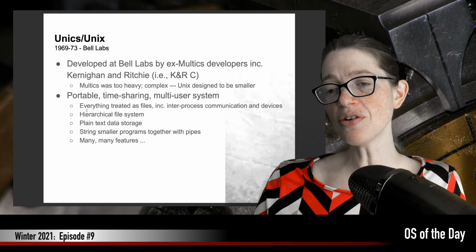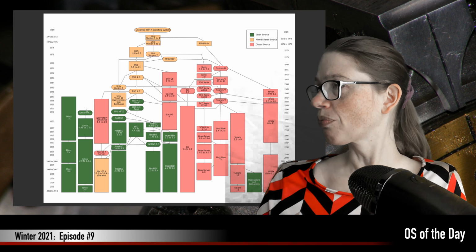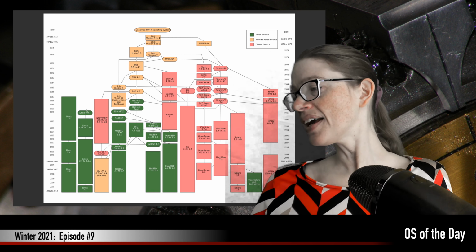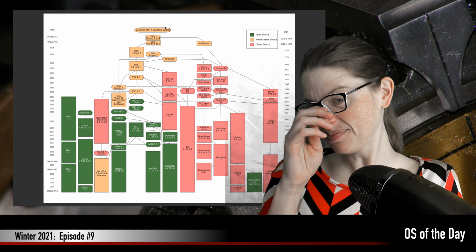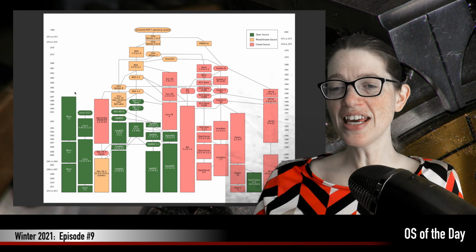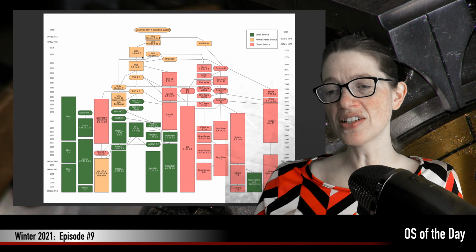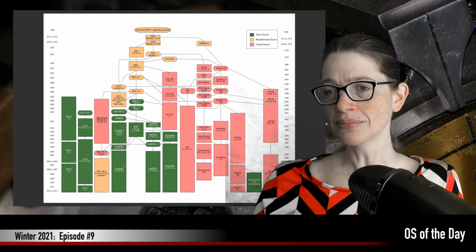Now, I want to show you the influence that Unix has had, because it's pretty big. So if we have Unix up at the top here in '69, and this chart is so incomplete, what you can see here is all of the different operating systems that are either Unix-like or are derivatives of Unix.